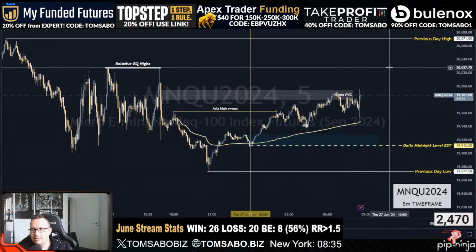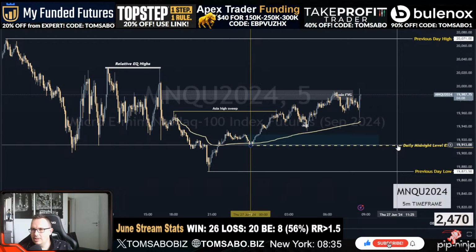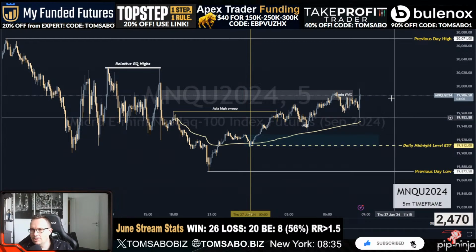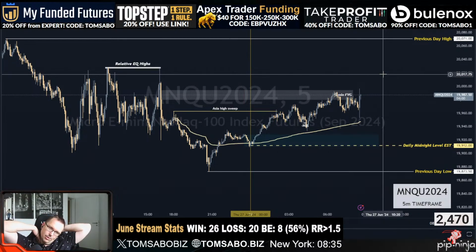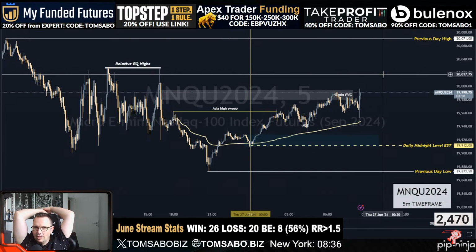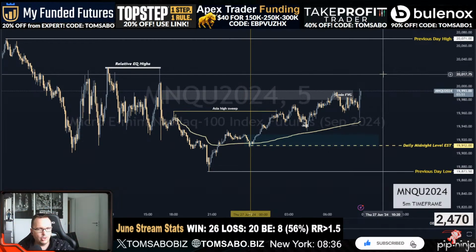Relative equal highs at 27-ish area, or going down to midnight level at 9:12. Nobody knows. No volume. Nasdaq is officially unplugged, everyone. Nothing to do.